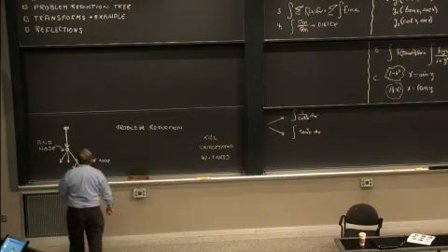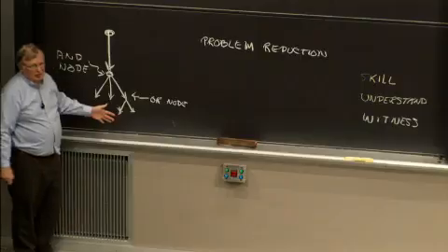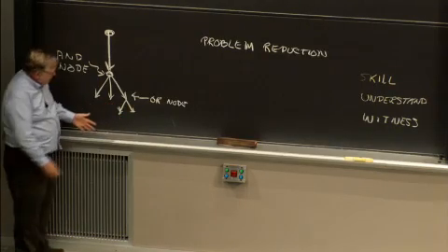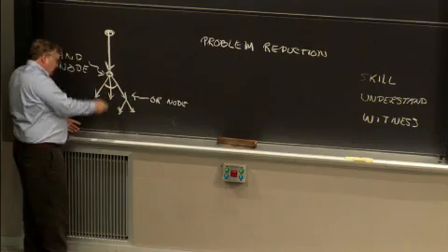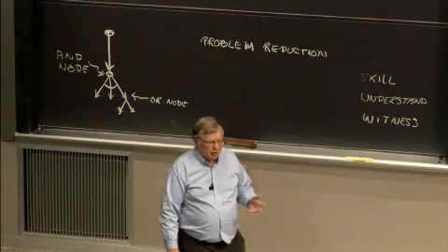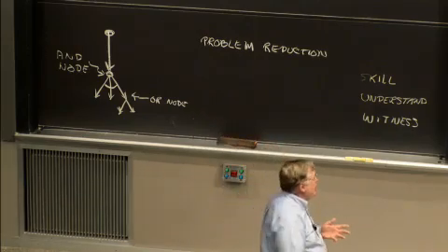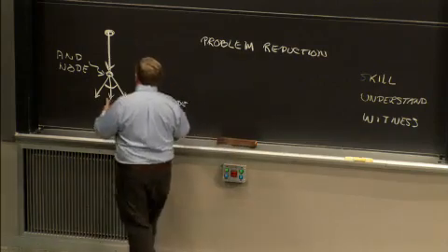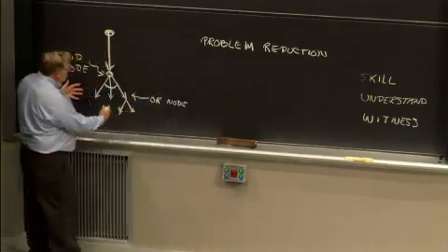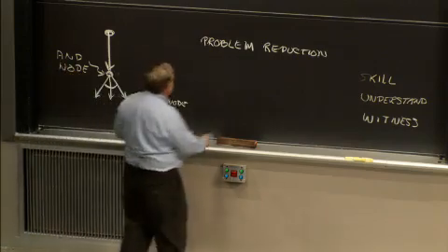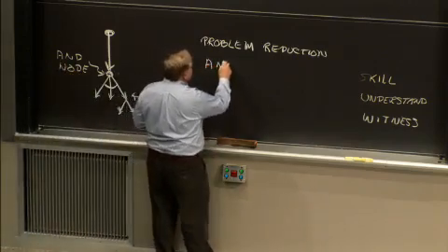Now you'll notice that there's already some confusion here, because how can you tell the difference between an AND node and an OR node? So the universal convention is you draw an arc over the AND nodes. And that makes it look like an A, so it's easy to remember. So those are AND nodes. And now we have the method of problem reduction. And this is sometimes called a problem reduction tree. Sometimes it's called an AND/OR tree.